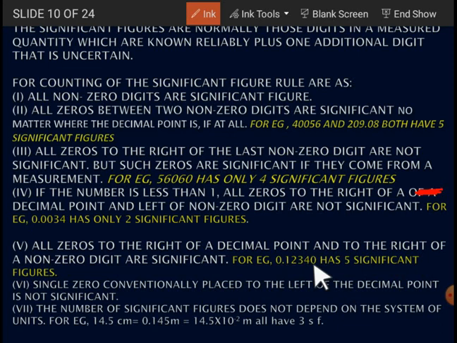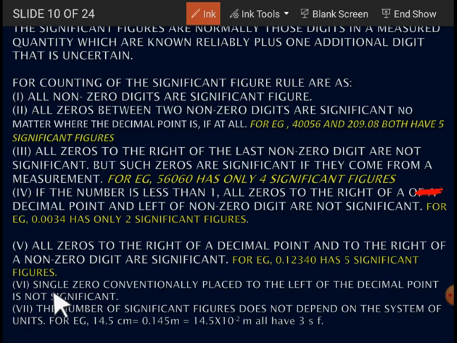So this will be a significant figure. So how many significant figures are here in this 0.12340? It will have 5 significant figures: 1, 2, 3, 4 digits, and you need to include this 0. Why? This 0 is on the right side of the decimal point as well as to the right of the non-zero digit. So this will have 5 significant figures.